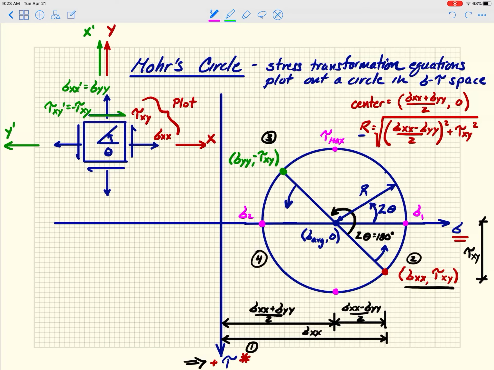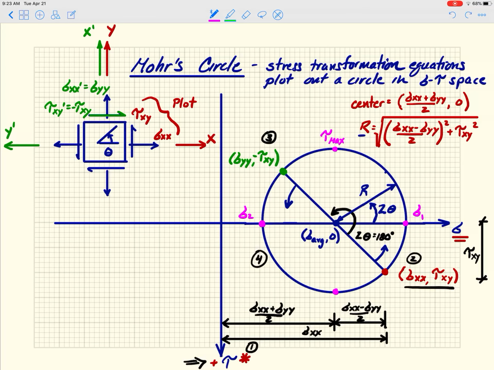So when I solve for that, I get the square root of sigma xx minus sigma yy divided by 2, squared, plus tau xy squared. And that plots out this circle. This circle is a set of normal stresses and shear stresses at every orientation of this cube.